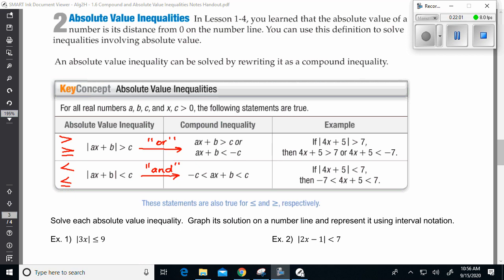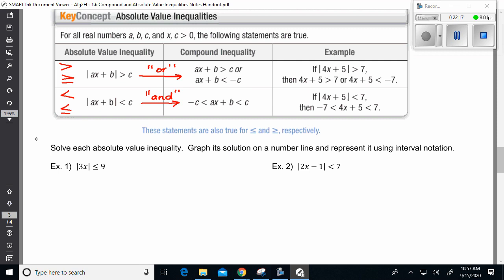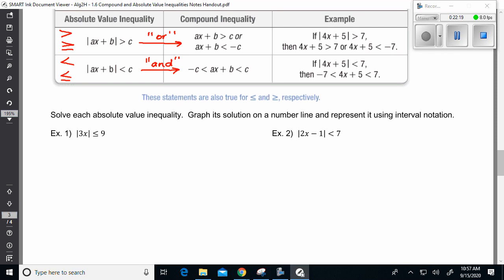So, any questions on what goes with what before we start in on some examples? I'll keep that right at the top there while we do examples 1 and 2. So, example 1, let's start with a simple one to kick us off.